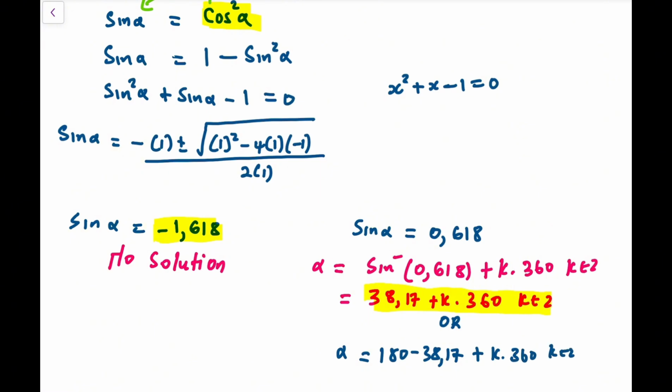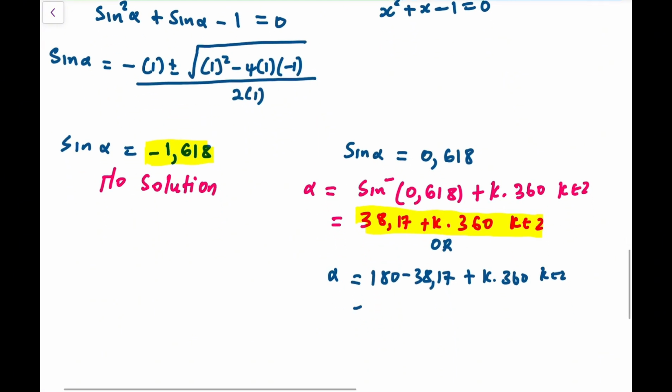K is an element of all integers. So this is equal to, what is 180 minus this? I am getting 141,83, and then plus k multiplied by 360, where k is an element of integers.